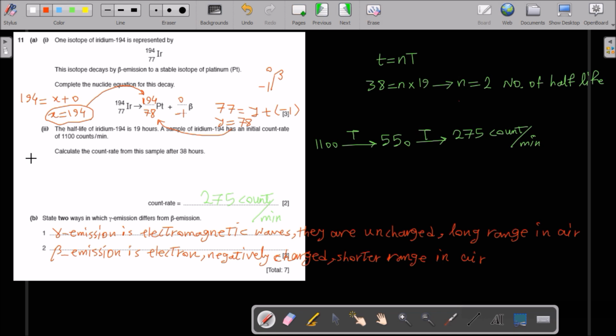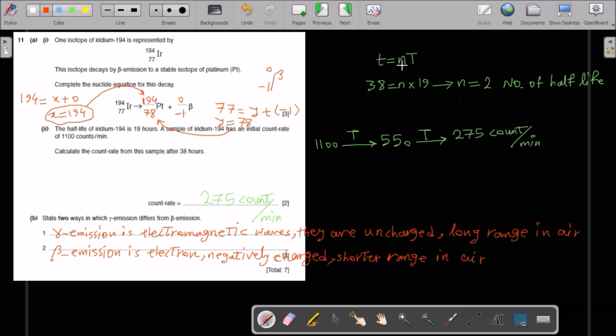Next part. Half-life of iridium 194 is 19 hours. A sample has an initial count rate of 1,100 counts per minute. Calculate the count rate for the sample after 38 hours. So one formula which is not in your syllabus, it is easy to remember, that's why I wrote it here.